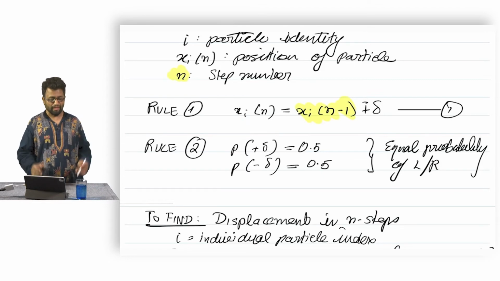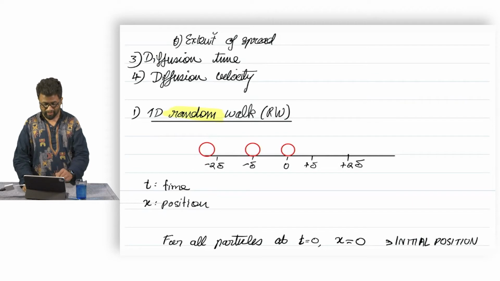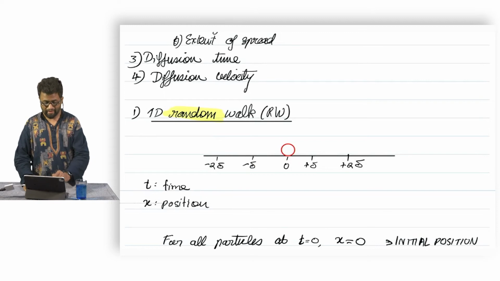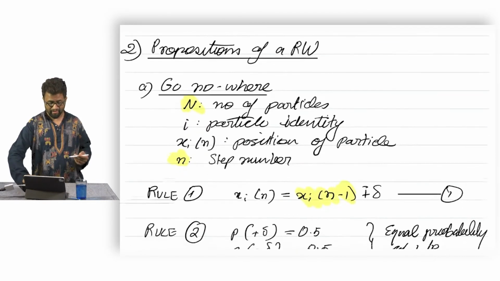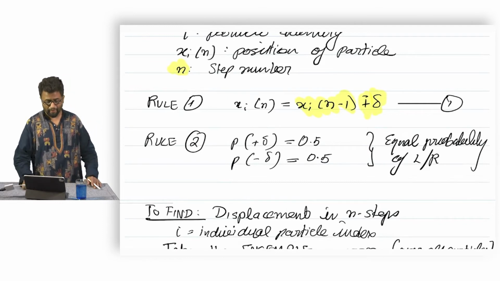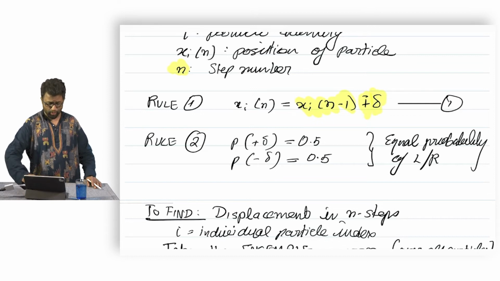This is nothing but what we said earlier, that the particle jumps from one position to the next and it is moving either left or right depending on the exact random choice made at that instant, and that is what the plus and minus sign indicates, and delta indicates the fact that it is of a finite step size. Rule 2 says that the probability of plus delta is equal to 0.5 and the probability of minus delta is equal to 0.5. In other words, there are equal probabilities of left and right, and we will use these terms in a few minutes.